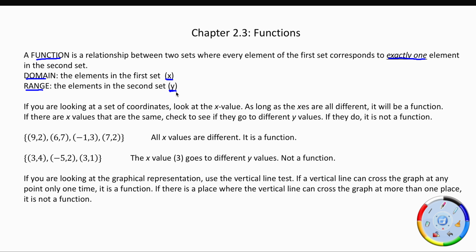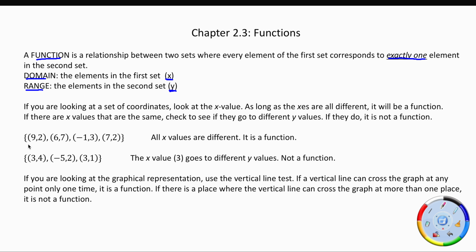To determine if something is a function, if you're looking at just a set of coordinates, look at the x value. As long as the x's are all different, it will be a function. If there are x values that are the same, check to see if they go to different y values. If they do, it is not a function.